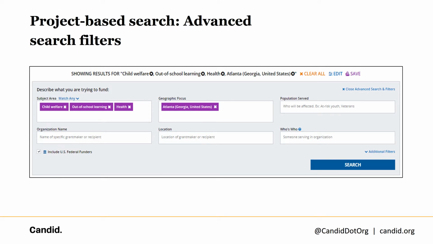So you can see up there at the top where it says showing results for child welfare, out-of-school learning, health, and Atlanta, Georgia. And they have put those in the specific boxes down below. So you have control. If they've picked a subject that you don't like, just click the X beside it and it will disappear from the search query. You can also add things as well.